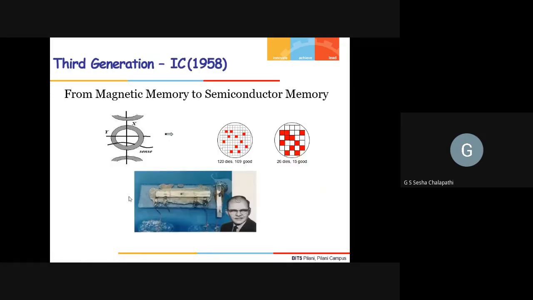The third generation is the integrated circuit, a single semiconductor die in which the circuit was integrated in a small form factor.